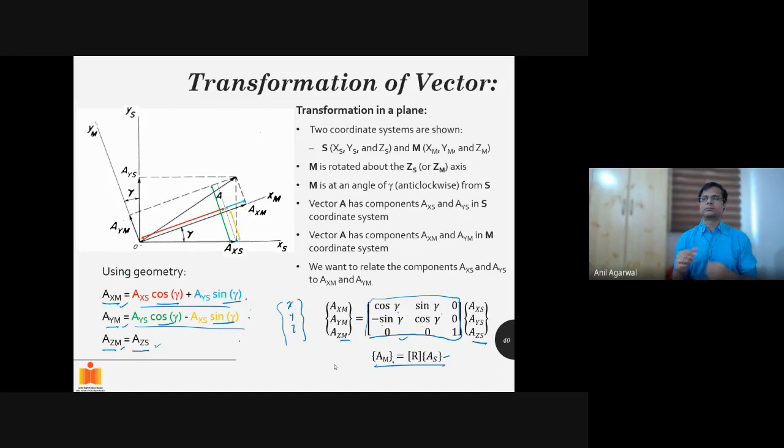Correct? So if you rotate the structural coordinate system about the z-axis in the counterclockwise direction by an angle gamma, you arrive at the member coordinate system. That is the relationship between S and M, and that relationship has to be used to get the transformation matrix. Okay. Any questions from this one?